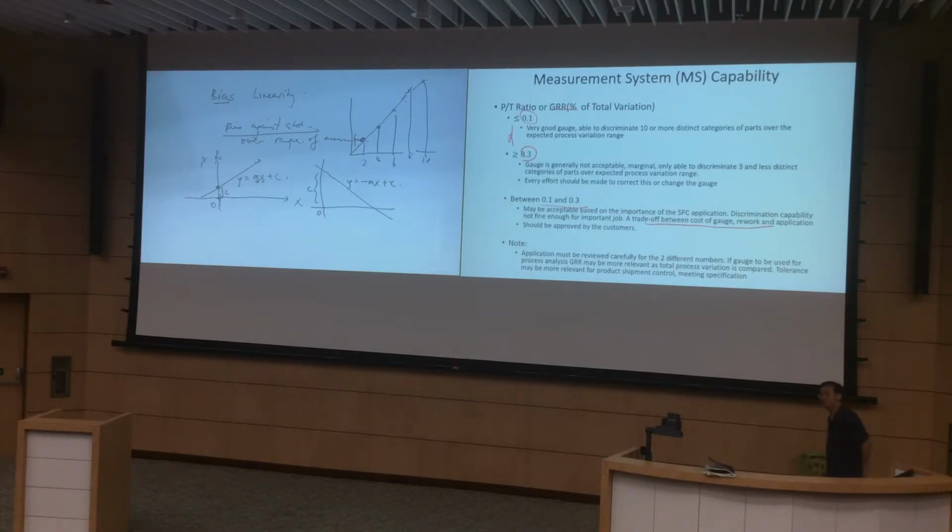So this is what we have. You know the basic things like CP, CPL, CPU, CPK. In the measuring equipment, we have two parameters, P/T ratio or GRR.